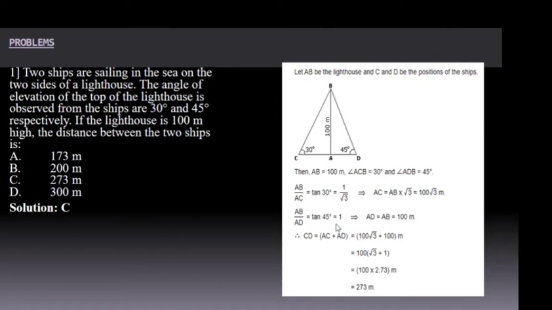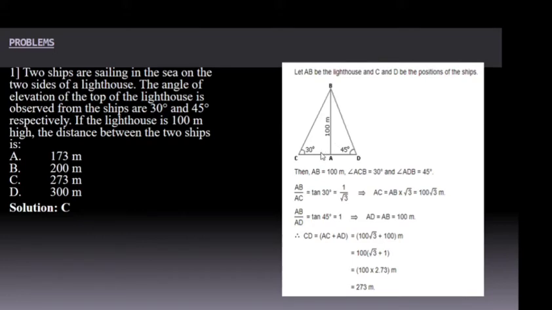Again, tan of theta gives me the relation between the adjacent and the opposite side. So for this angle of 45 degrees, tan of 45 is equal to AB upon AD. Again referring to the table, tan of 45 is 1. So simplifying this, AD is equal to 100 meters.